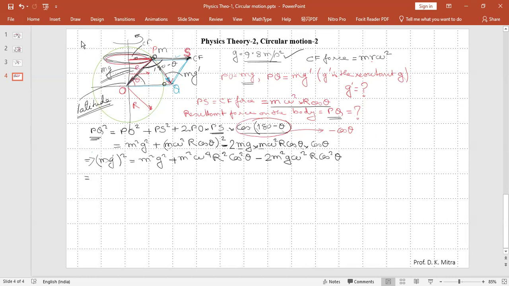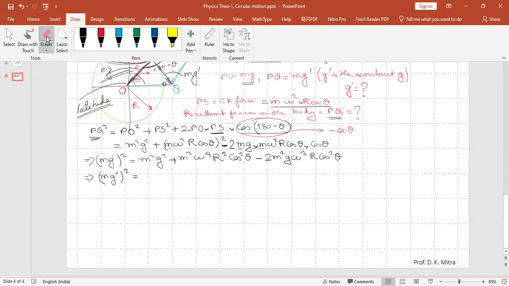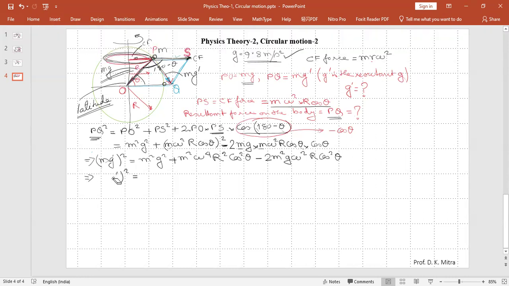From here we get mg dash whole square is equal to, or we write m square g square, that will be better to write.